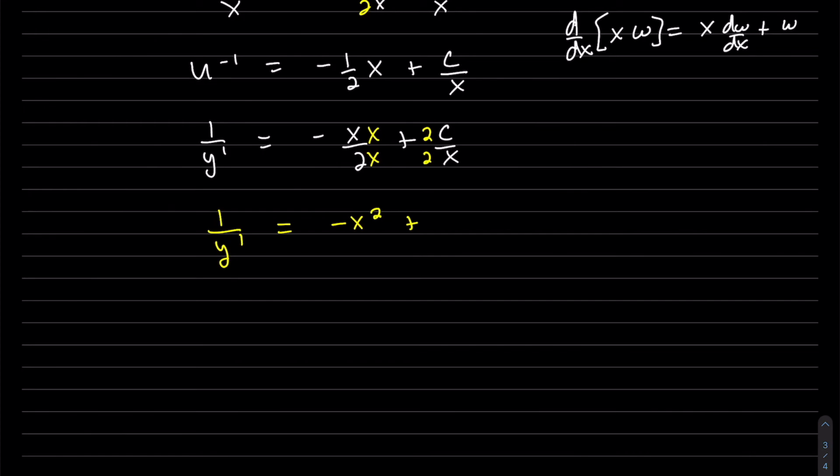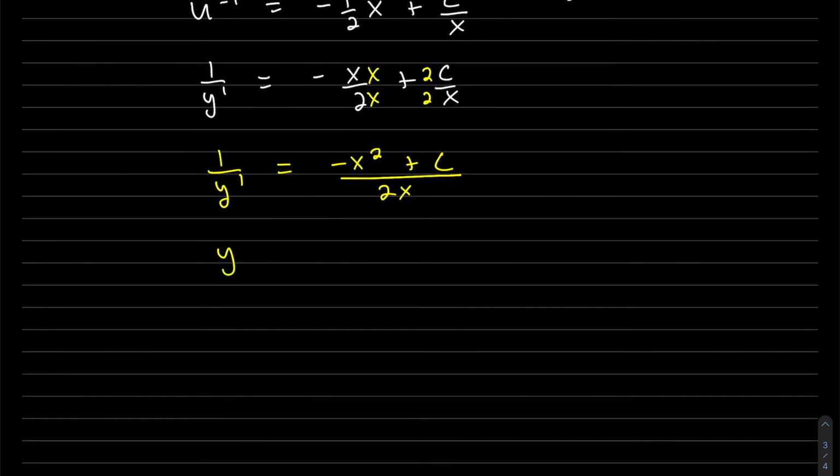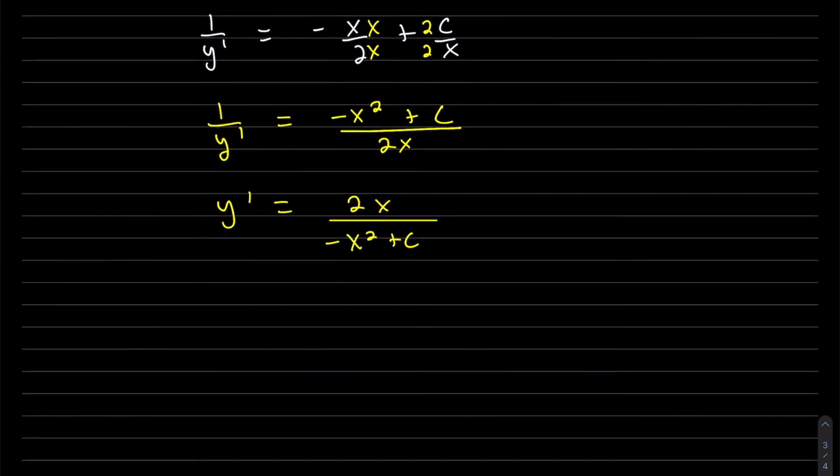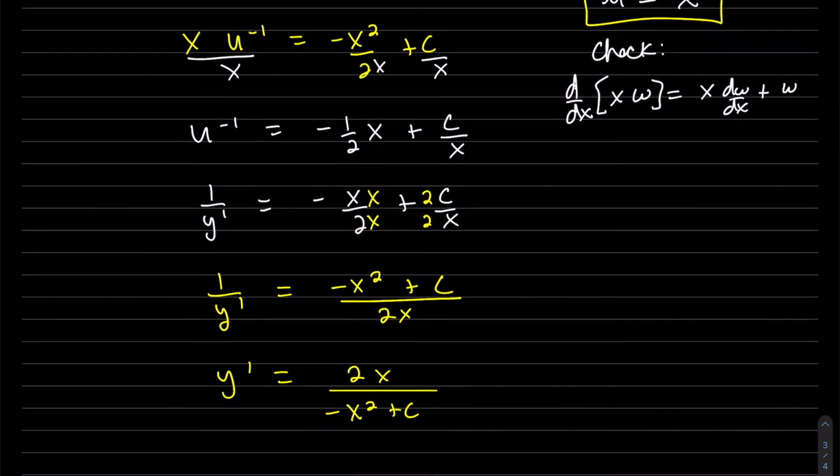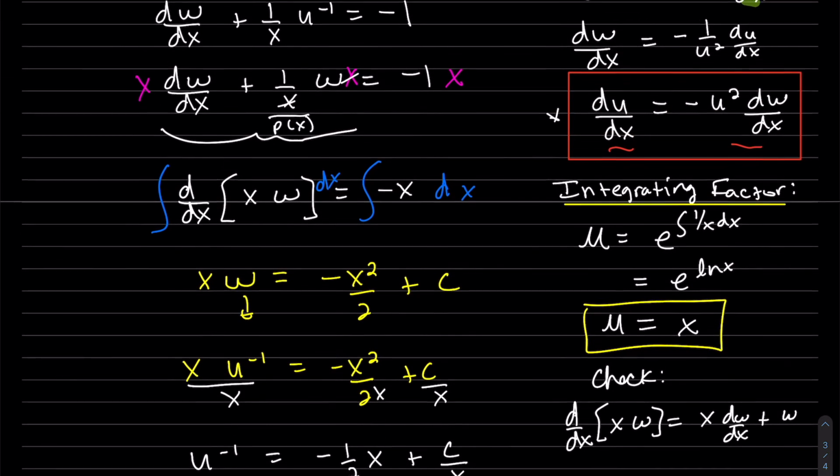We don't need that 2 there. It gets absorbed. So now we find y prime. Just reciprocate. Reciprocal, reciprocal. But remember, our solution is y, not y prime.